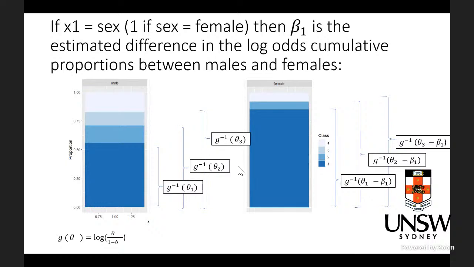In terms of the difference between females and males, do you think that female dummy variable should have a positive or negative coefficient? People are really confused.